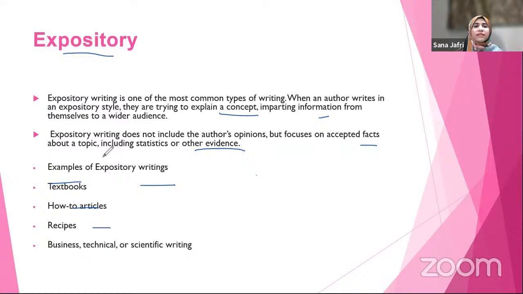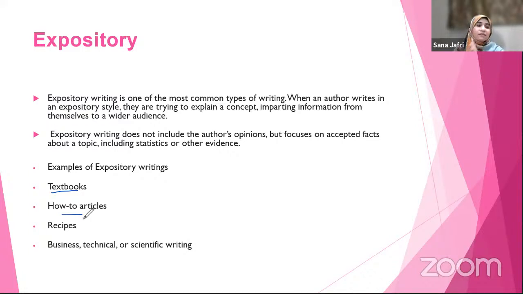But remember that, especially when I say factual, a factual style would essentially mean that the author is sharing a lot of facts and his opinions are nowhere in the picture. Informative also means he's trying to give you a lot of information about something. Chaliye, some typical examples of expository writing: your textbooks or how-to articles.